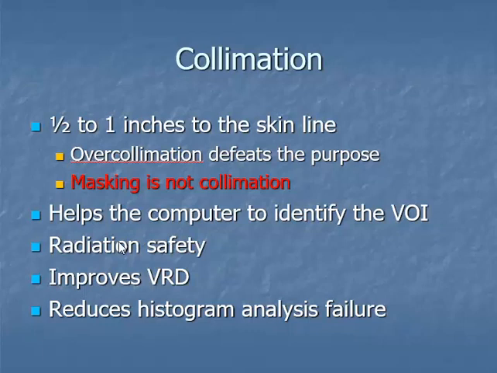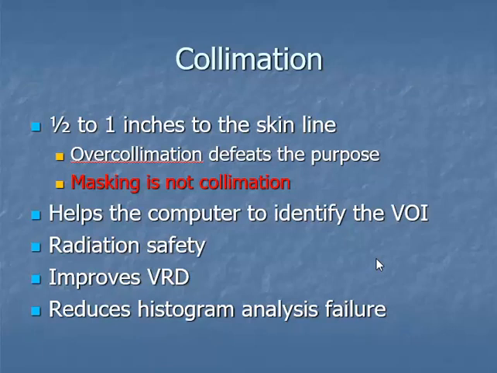It also helps in a digital world. It helps the computer to identify the proper volume of interest. It can help with visibility or recorded detail by reducing scatter radiation.